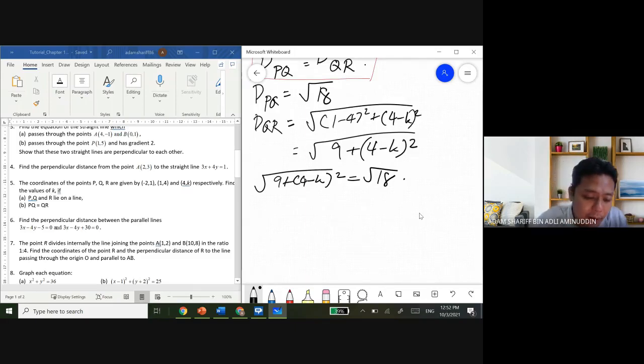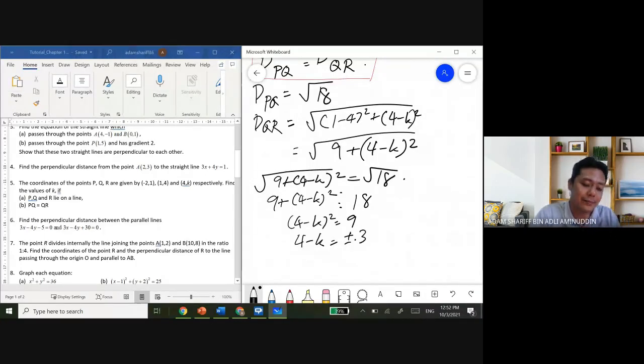The thing that I found quite interesting is that if we solve this mathematically, you can get this point. Saya tunjuk step by step. Kita square root tu, kita kuasa 2 kan dua-dua belah. 4 minus K squared equals to 9. 4 minus K equals to plus minus 3.